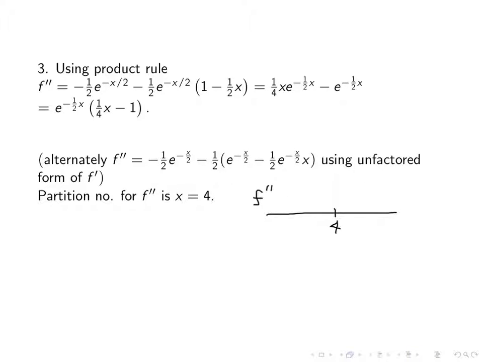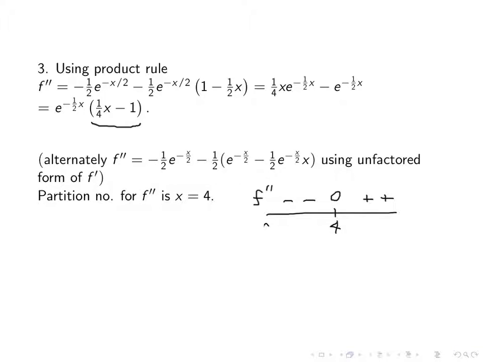The partition number is x equals 4 in the middle there, and then the sign of f double prime in its factored form is determined by the factor 1/4 x minus 1. So for example, if x equals 0, it is negative. And then it's 0 at x equals 4, and it is positive if x is greater than 4.